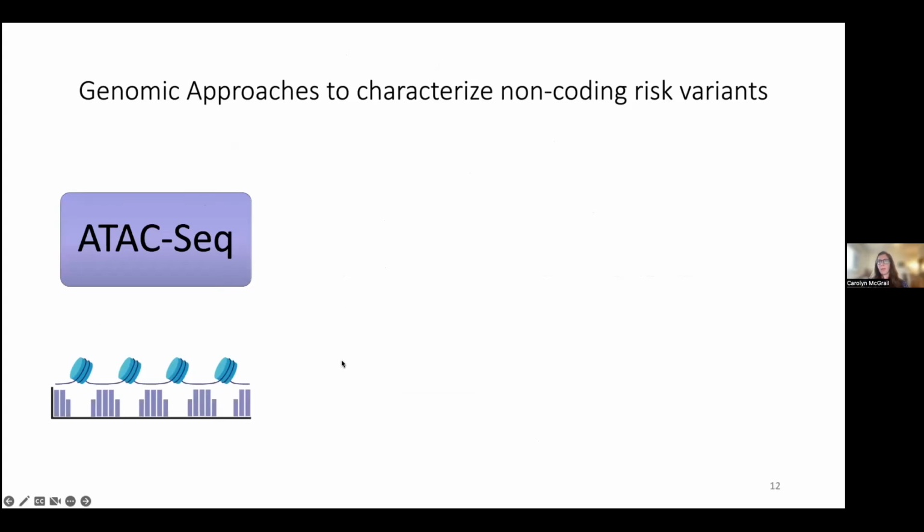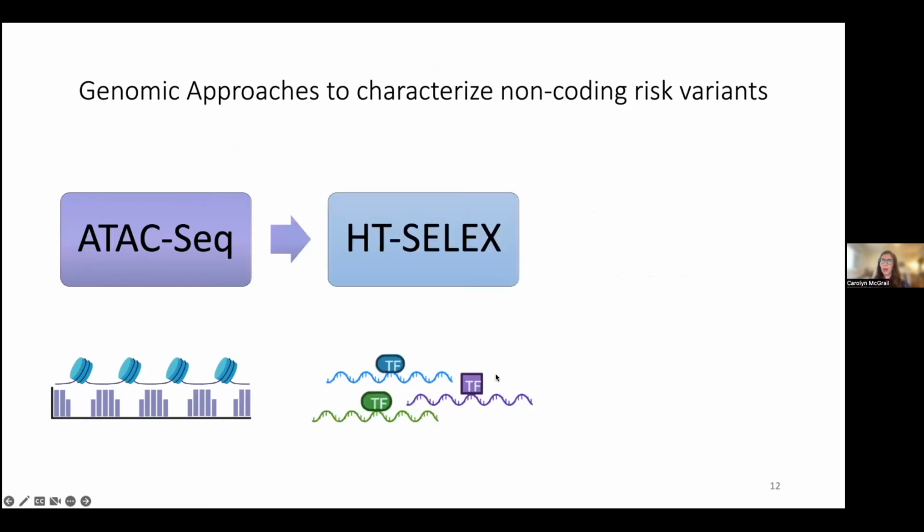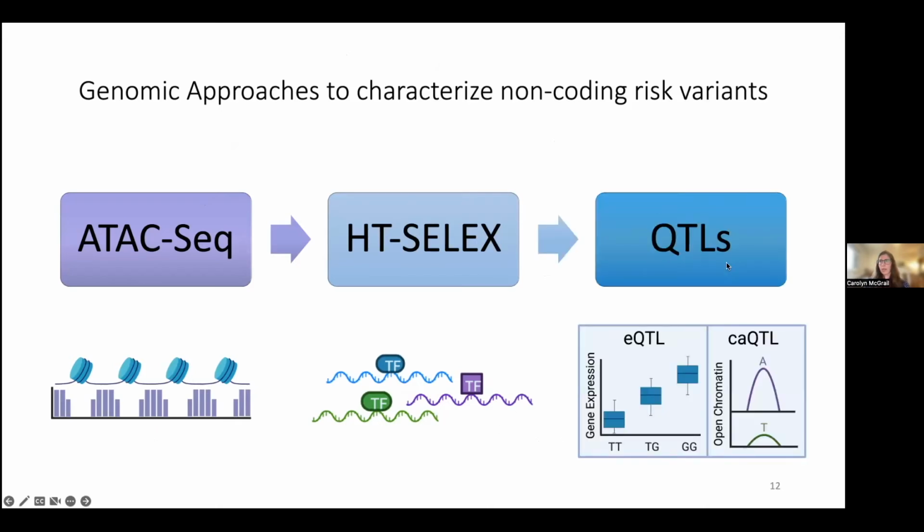And once we have these non-coding credible sets, we can then genomically annotate them, looking at both accessible chromatin, so which cell types is there accessible chromatin for these variants, looking at transcription factor binding, so preferential transcription factor binding, and then also looking at QTLs to see is there a change in gene expression based on the alleles at a particular variant, or do they have also a chromatin accessible QTL where the accessibility of chromatin changes at that particular variant.